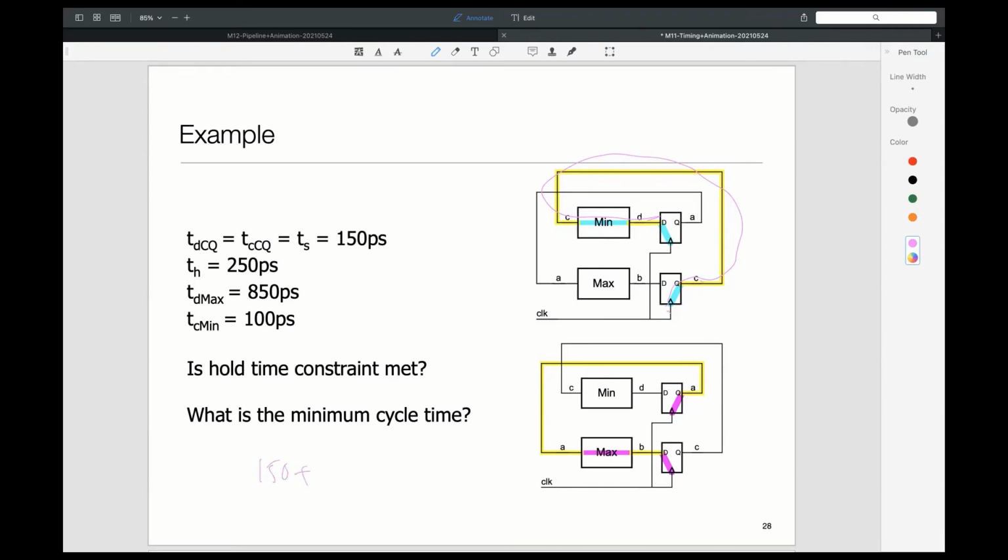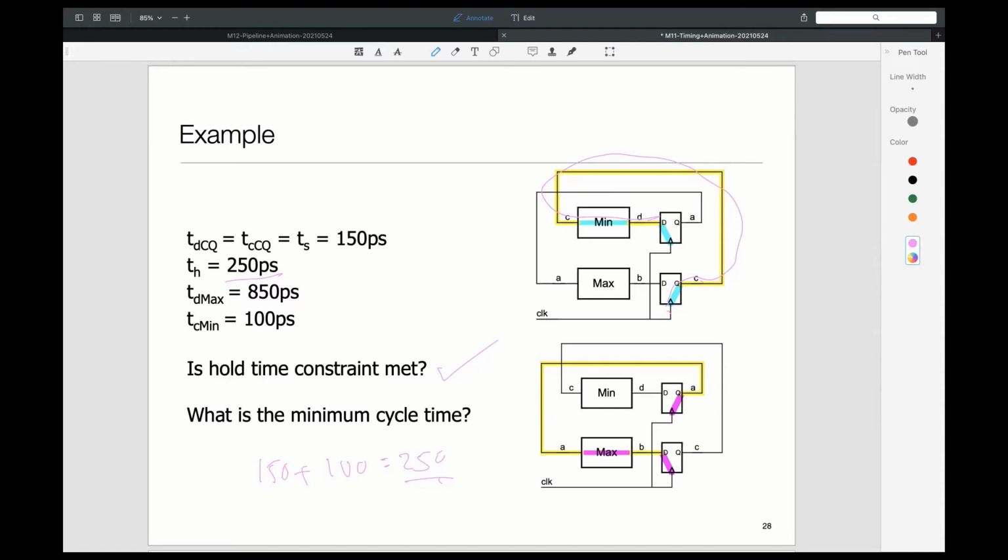Then from C to D is 100. So that's 250, and my hold time was 250. So the two just match. Hold time is equal to my total contamination delay. So is the hold time constraint met? Yes, although just barely. You don't have any margin. So you better make sure that you have picked worst case numbers out here.